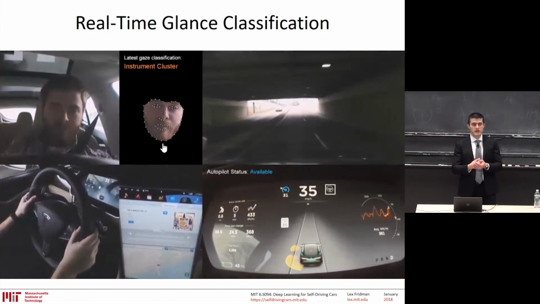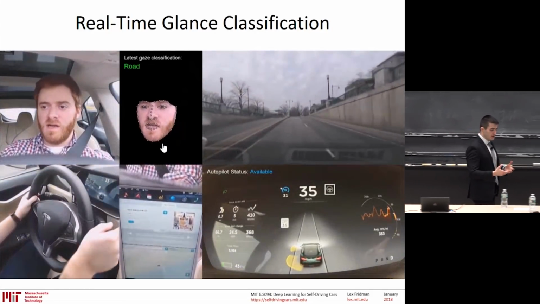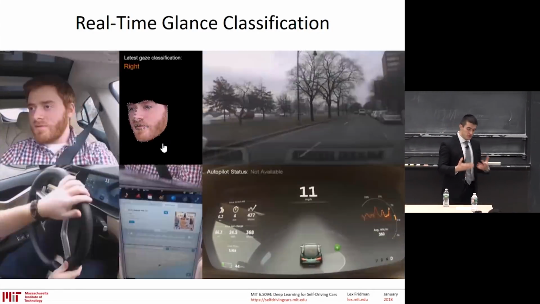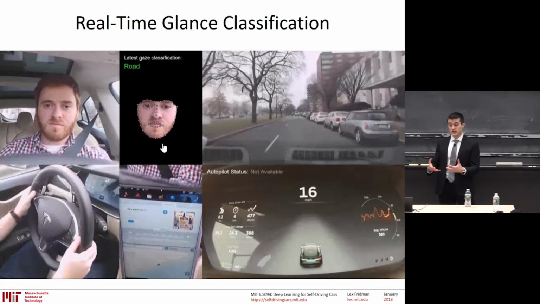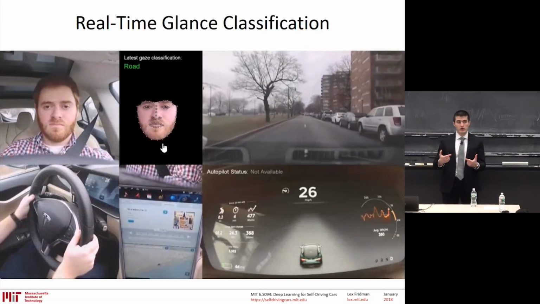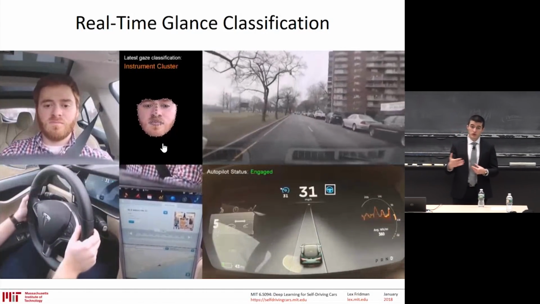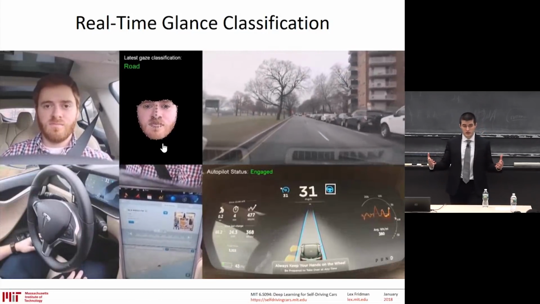It doesn't have any information about the driver except if they're touching the steering wheel or not. More and more now with the GM Super Cruise vehicle, and Tesla now has added a driver-facing camera, they're slowly starting to think about moving towards perceiving the driver. But most vehicles on the road today have no knowledge of the driver.